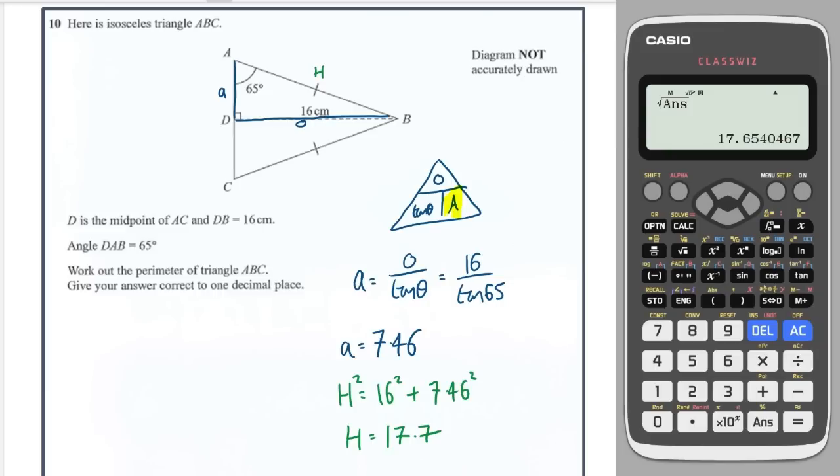Okay, perfect. So now what I need to do is just go around the shape, because I'm asked for the perimeter. So that is 17.7. By symmetry, that is also 17.7.